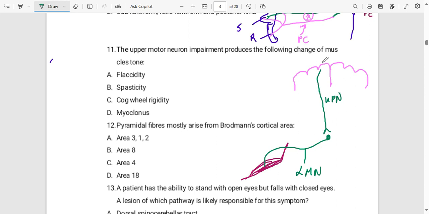So any lesion either on the cerebral cortex itself, internal capsule, even the midbrain, the crus cerebri, including the medulla, remember some, like the corticospinal passes through the pyramids. So if you injure the medulla or if you injure the lateral funiculus of the spinal cord, because that's where this nerve is passing like that, that is going to be an upper motor neuron lesion.